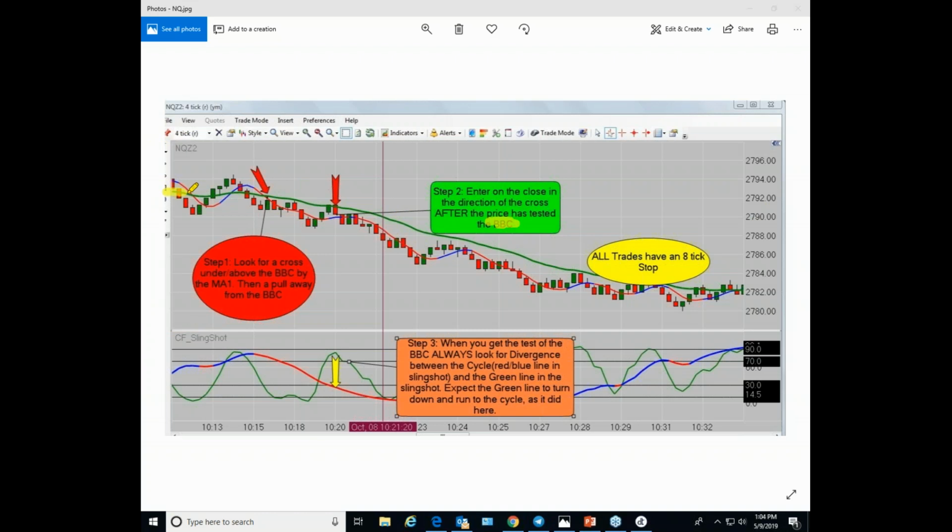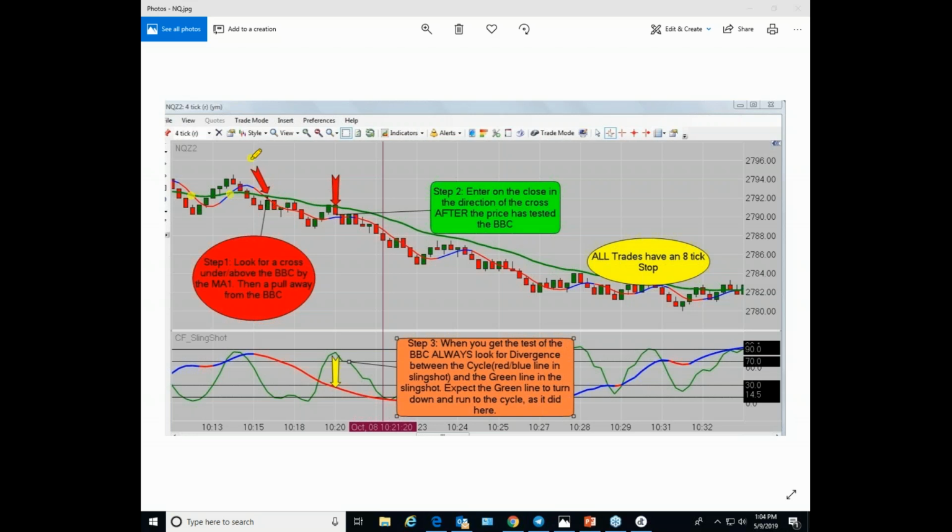Together they make up step number 1. When the MA1 is red and crossing the BBC, that is the bearish cross. If the MA1 is blue and crossing the BBC, that is a bullish cross.